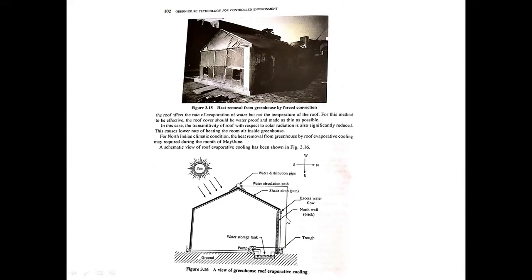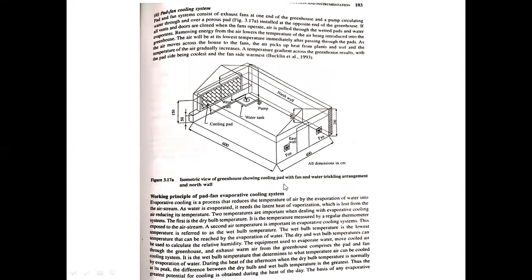Okay, excess water flow. Then north wall brick is provided. Then trough is provided. This is the water storage tank provided below, from where this water is spread. Okay, then ground, then pump. So through this water pipe, the water is spread over the roof, and the heat is dissipated from these gunny bags. Okay. Next, pad fan cooling system.